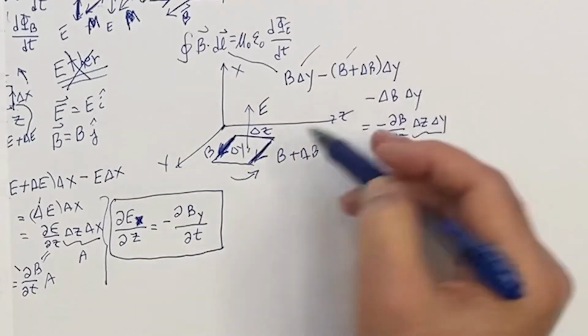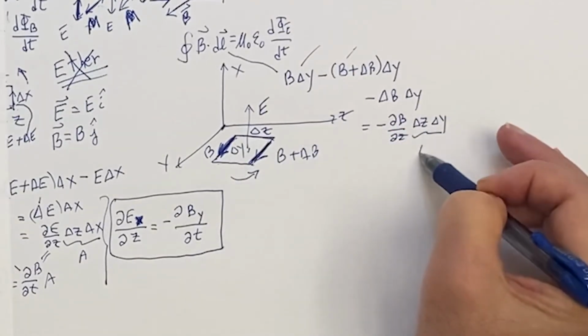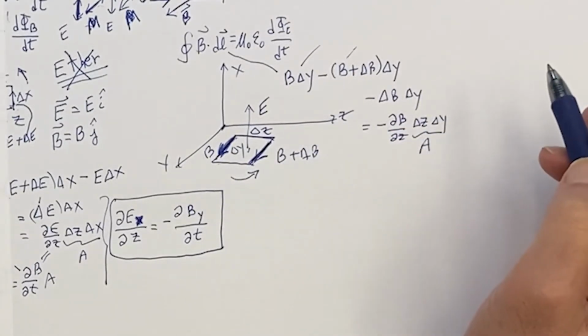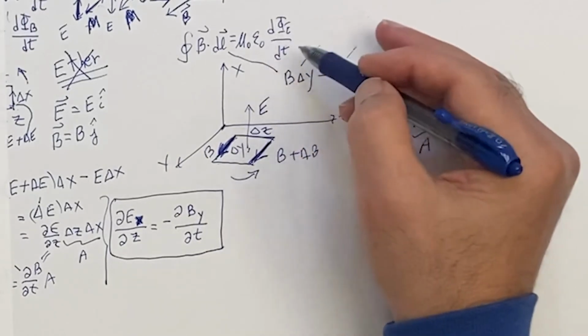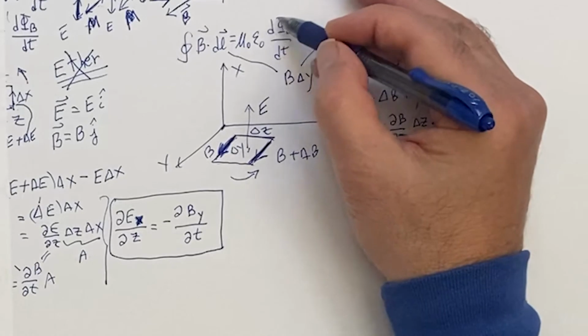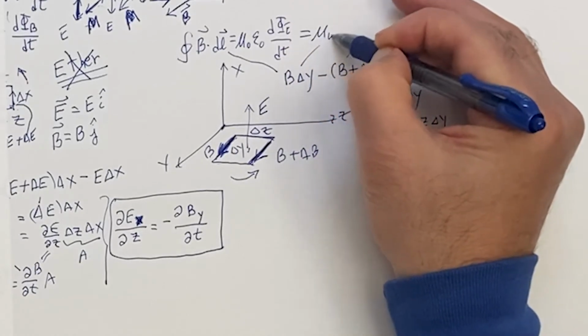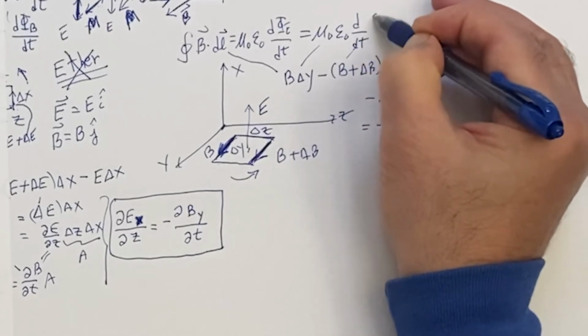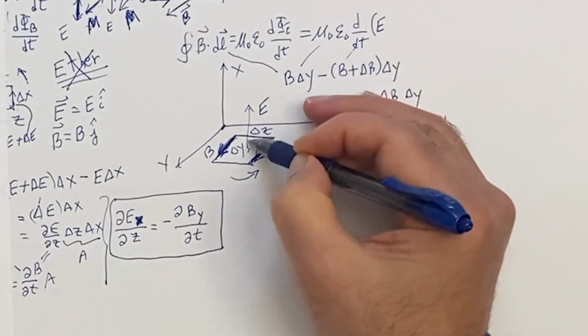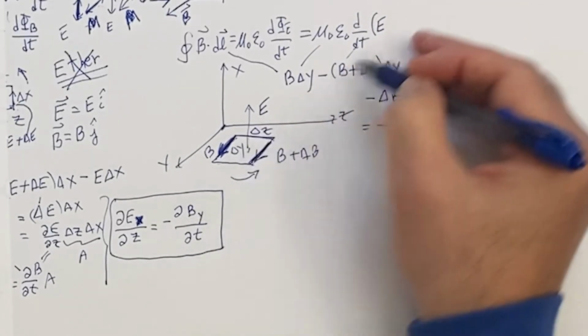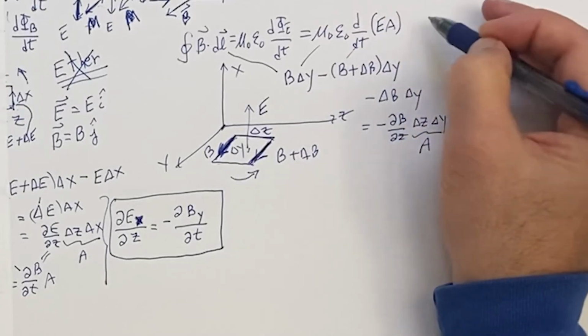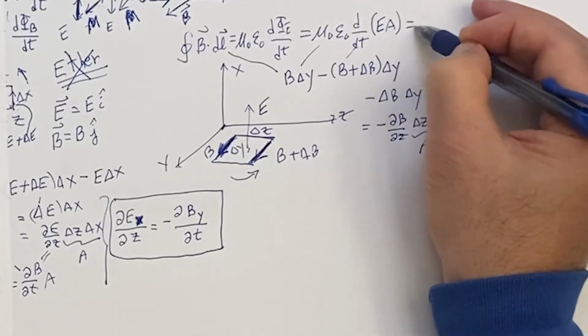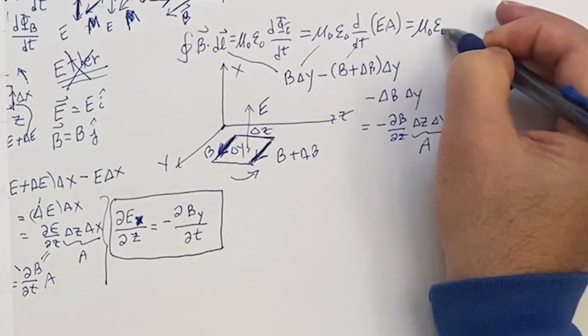And delta Z, delta Y is our patch of area. And then when we apply the equation, this side is mu naught epsilon naught d dt of the electric field that's piercing through that area.